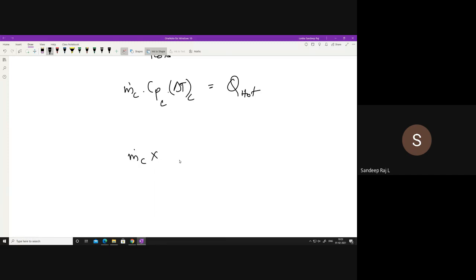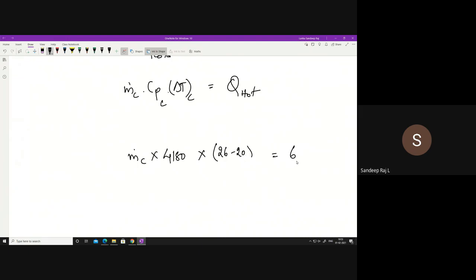The c_pc, is it known to you? Tell me. 4180. Yes, for water it is 4180. You have to remember, for water the c_p value is 4180. Or you can go to the data book page number 30, you can get the c_p value also. The delta T is given for the cold, 26 minus 20, you know it.